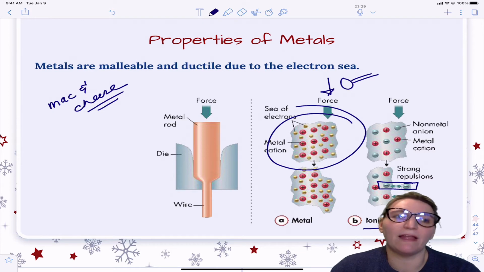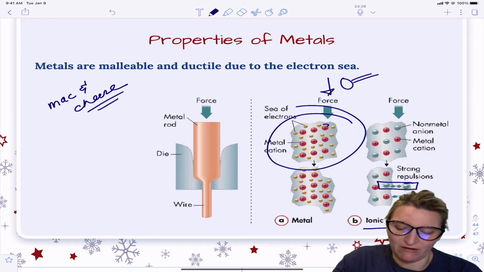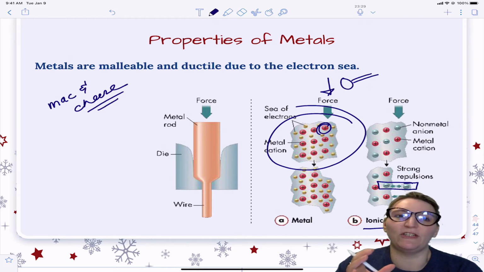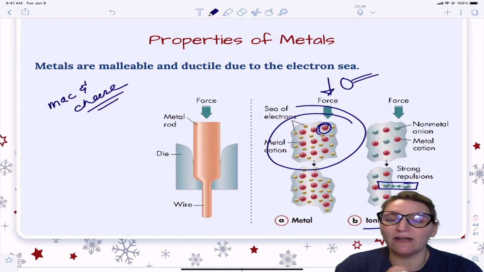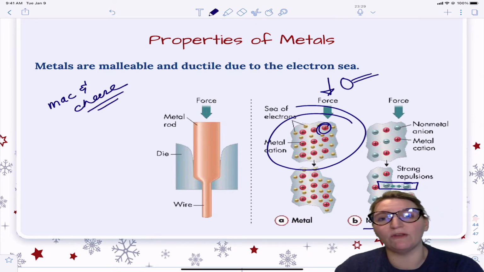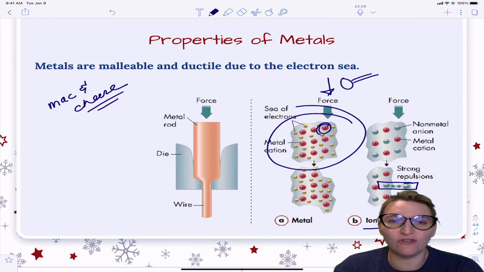So if you're thinking like Panera mac and cheese, think of the noodles themselves as those metal cations, so the nucleus and all of its core electrons, and they are held together by that ooey gooey cheese, which in this case would be like the electron sea. And even though it does hold it together, it doesn't hold it together in any particular shape. The shape can be distorted and you can put it into another bowl and you can put it on a plate and it will change shape, but it still holds together. That's what's going on with a metal.